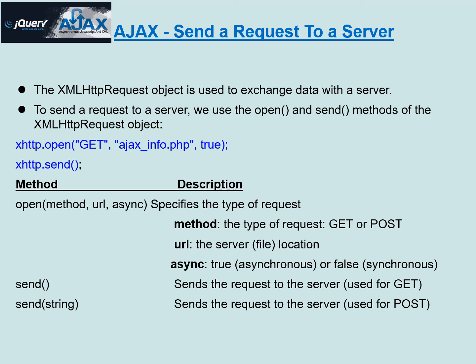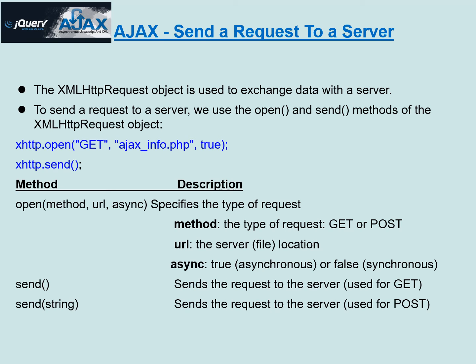I already mentioned that XML HTTP request object is the main component of Ajax. So here we can see how we can send a request to a server using the Ajax technique. The XML HTTP request object is used to exchange data with a server. So to send a request to a server, we use the open and send methods of the XML HTTP request object.